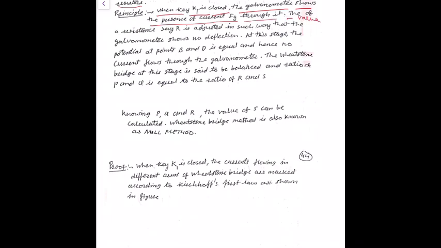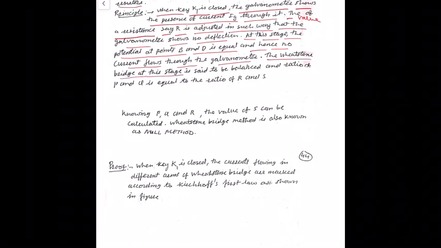The value of a resistance, say R, is adjusted in such a way that the galvanometer shows no deflection, that is VB is equal to VD. At this stage, the potential at points B and D is equal, and hence no current flows through the galvanometer.